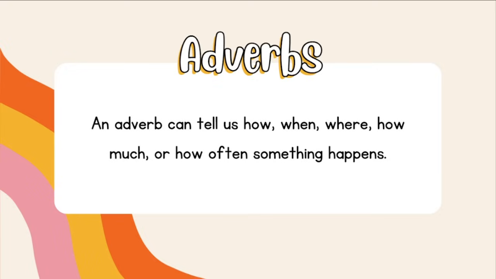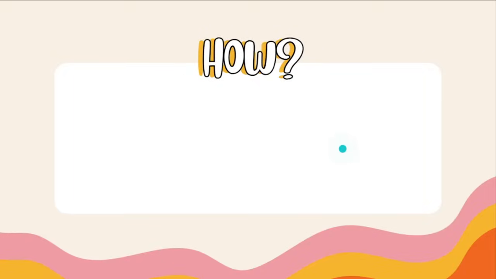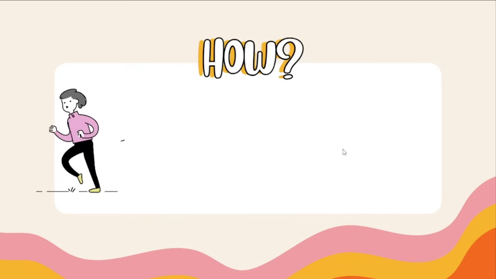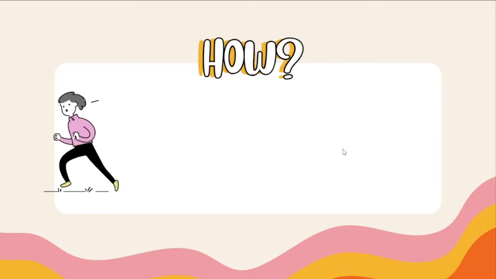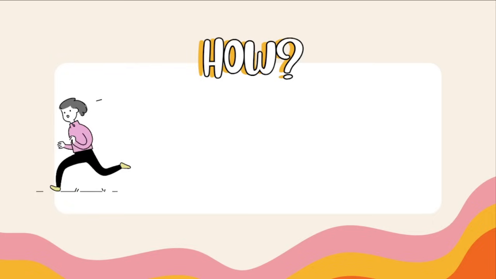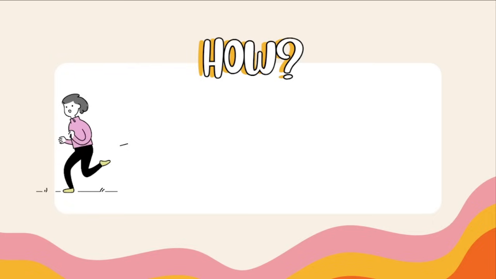So how do we know in a sentence if it is an adverb? As I told you, it answers the question how. For example, quickly running.